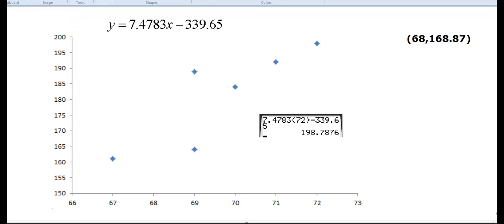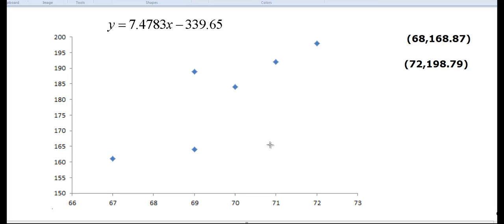Let me note this down, that the other point is 72 and 198.79. Now what we will do is go ahead and plot these points in the scatter plot and connect them by a ruler.